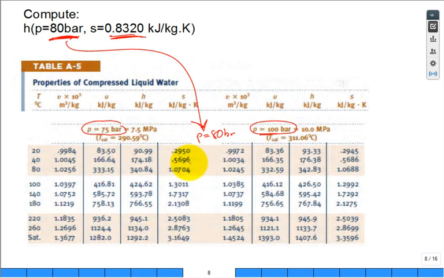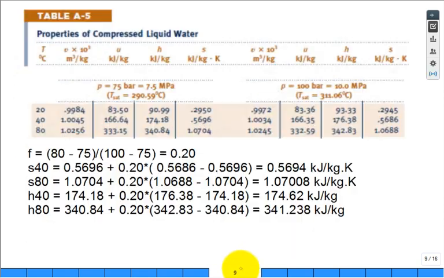It falls in between these two values and these two values. Hence, I would create an S column and an H column, and I'd do 4 interpolations. First, with respect to pressure, to get H at 40, H at 80 degrees C, S at 40, S at 80, at that new pressure of 80 bar. Okay, that's your first level of interpolation.